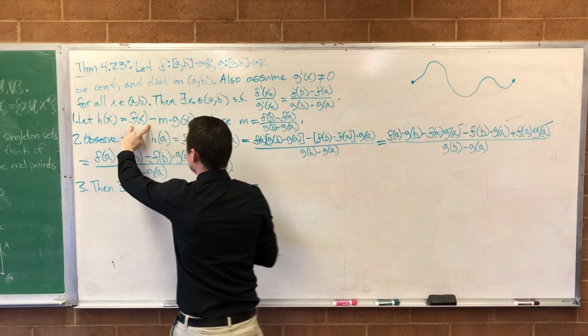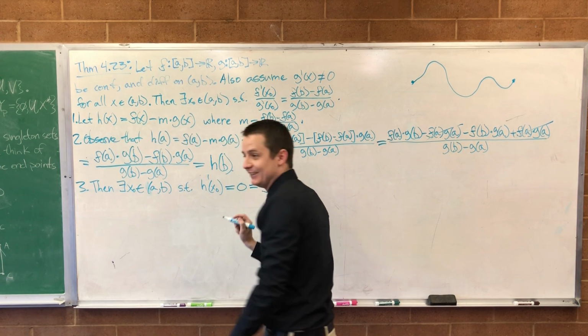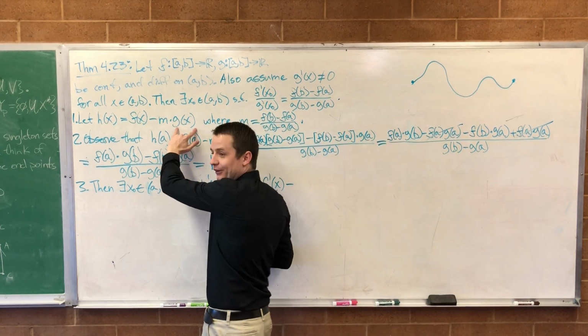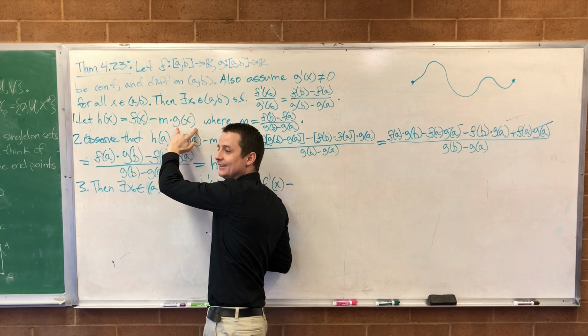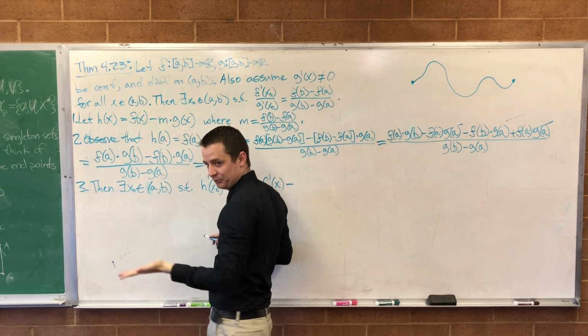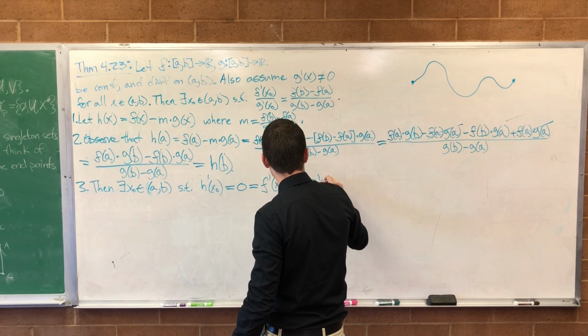It's f prime of x. All right, minus, what's the derivative of g of x? It's g prime of x, and when you multiply it by a constant, it just multiplies the derivative by a constant, right? So, m times g prime of x.